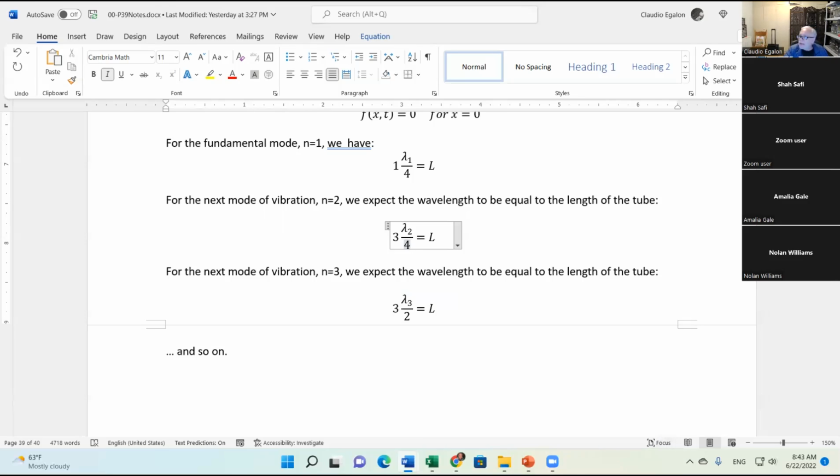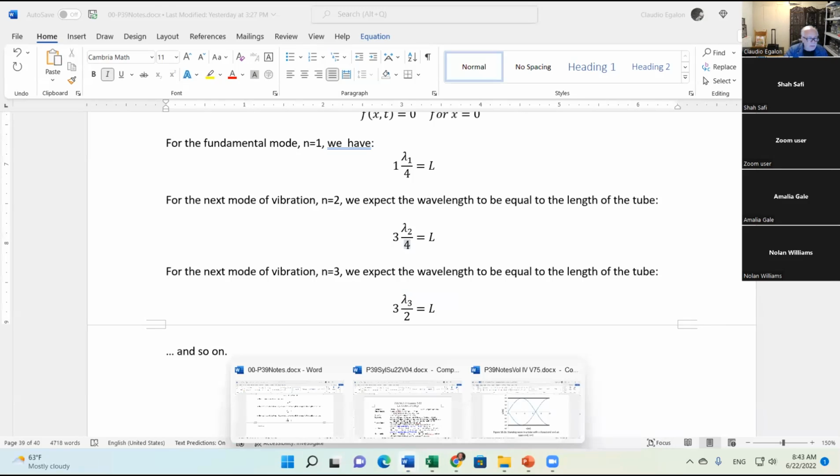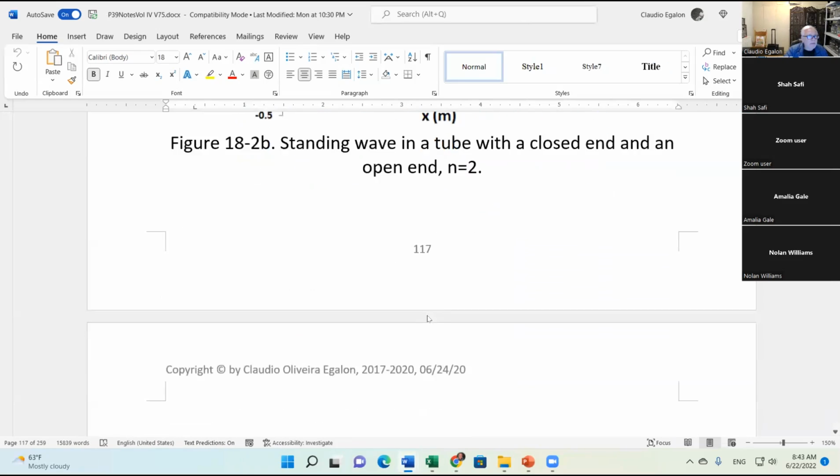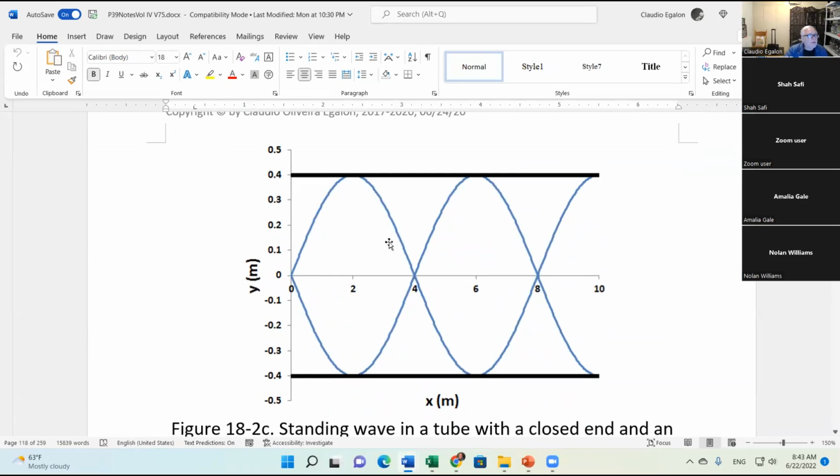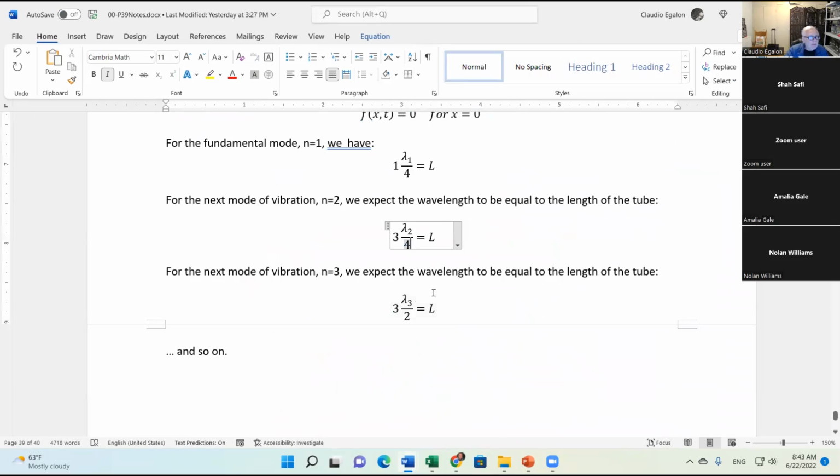What would be the next? That is going to be 1/4, 2/4, 3/4, 4/4, 5/4. Are you getting the pattern here? Right? And so on. What would be the general equation?